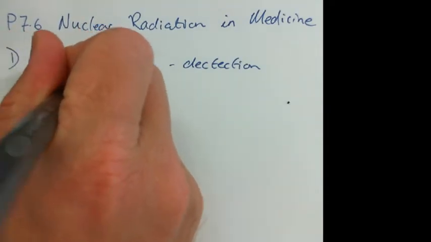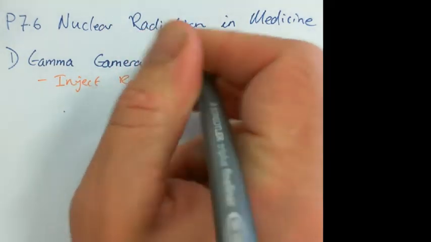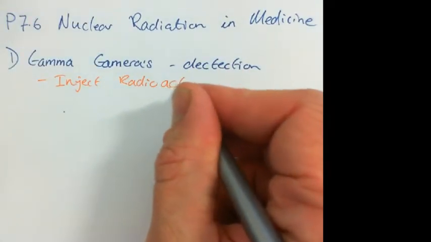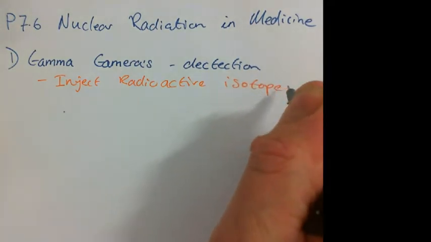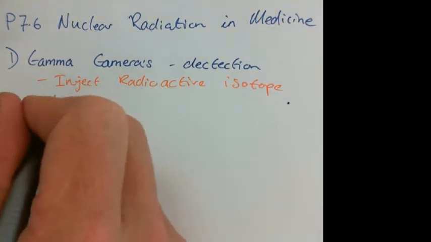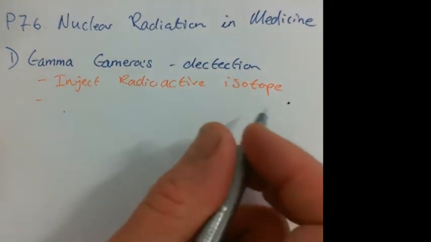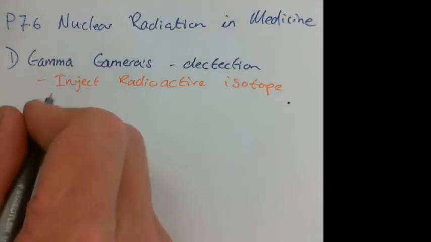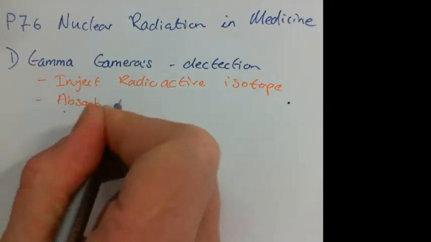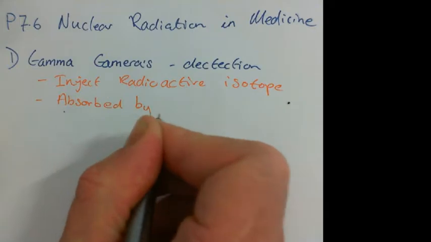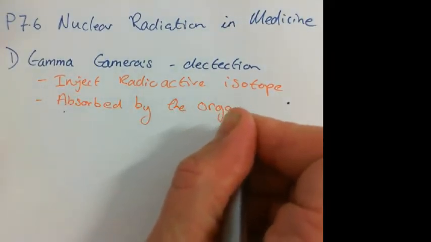So inject radioactive isotope, and then what will happen is that that isotope will go to the organ that you need it to, so it'll be absorbed by the organ you want to investigate.